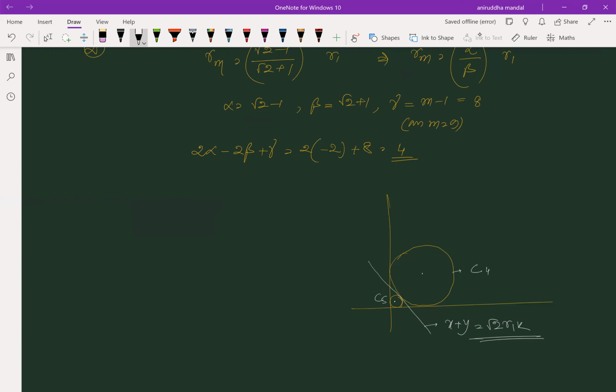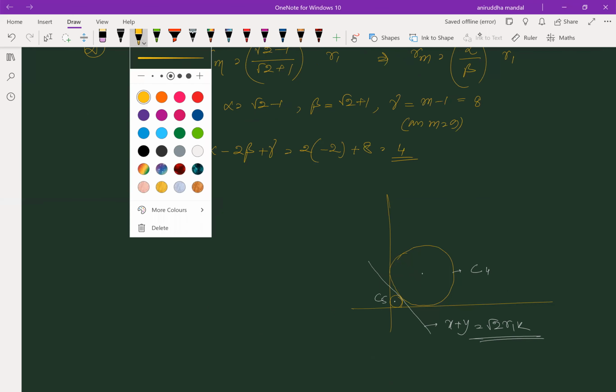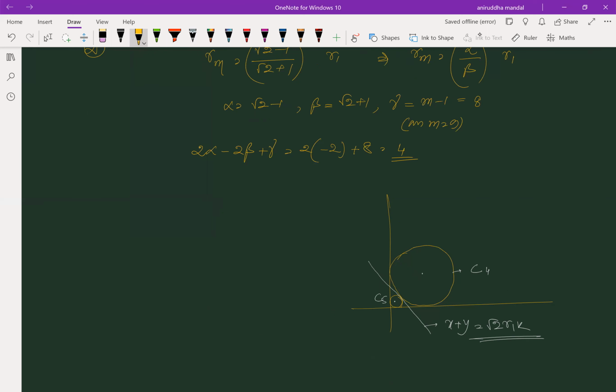Let me write, this is C4 and this is C5. This is problem number 3. So for this C4 and C5, this is C5 and this is C4. So the center is, we have to find out this P point, the point of contact.